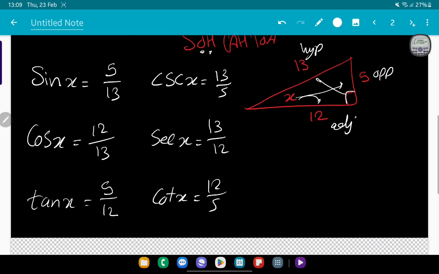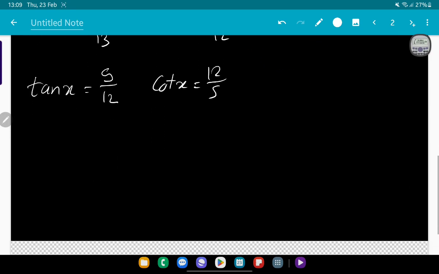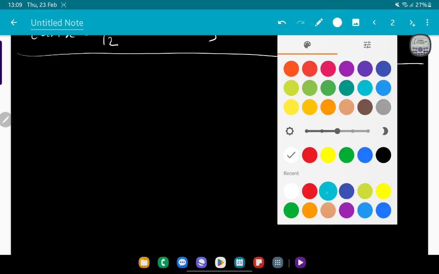Okay, now let's move to problems to solve the triangle. We have two types of problems. The first one is a missing side.